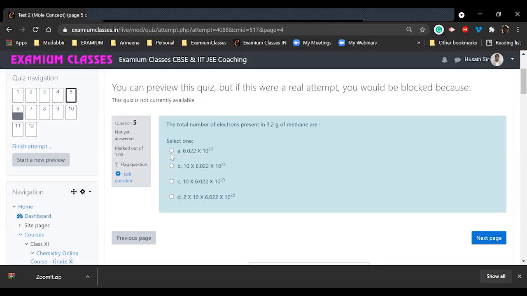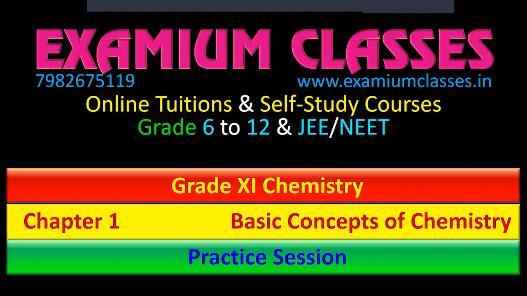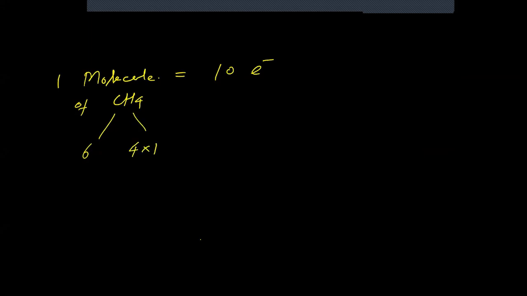So it is simple in terms of you need to calculate the number of molecules. Calculate the molecules. But one molecule has 10 electrons. One molecule of methane. Carbon has 6. Hydrogen has 1 electron, 4 into 1, 4. So 6 plus 4, 10 electrons in one molecule of methane.